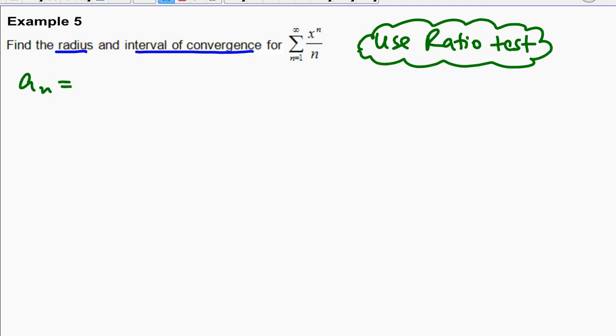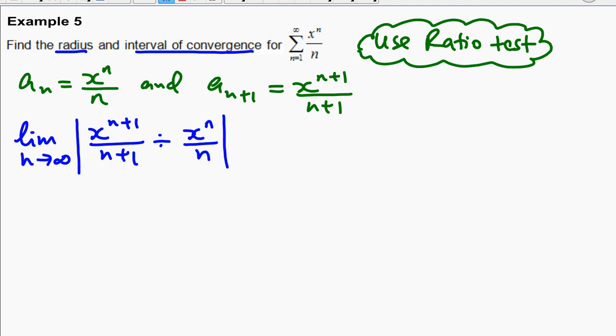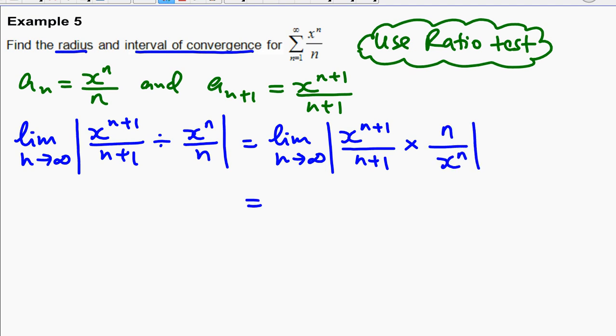So S sub n is, all right, so plug this in the formula for ratio test. If you simplify this, you'll end up with, just use indices.